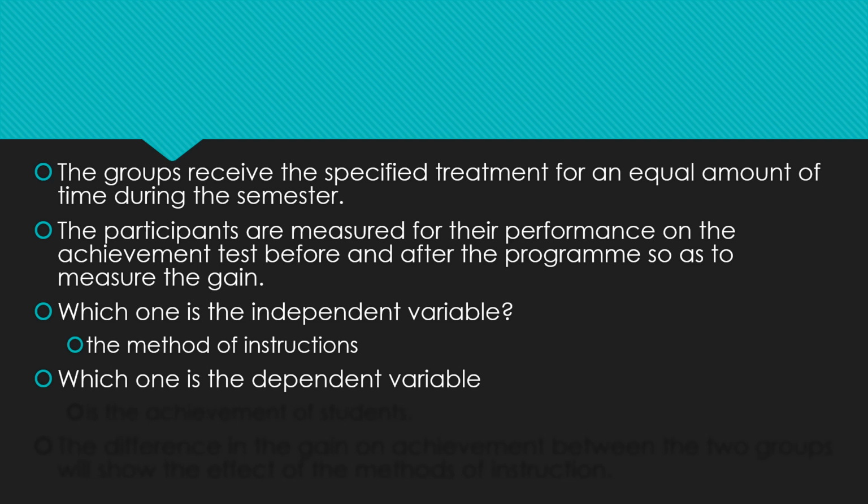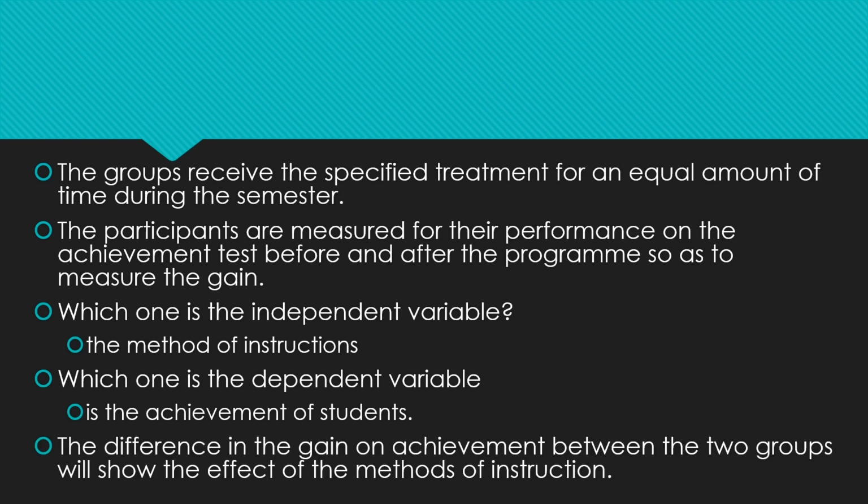The independent variable is the method of instruction, and the dependent variable is the achievement of students, because the achievement of students depends on the instructions. Different instructions will produce different results, which means different achievement. The difference in the gain on achievement between the two groups will show the effect of the methods of instruction.